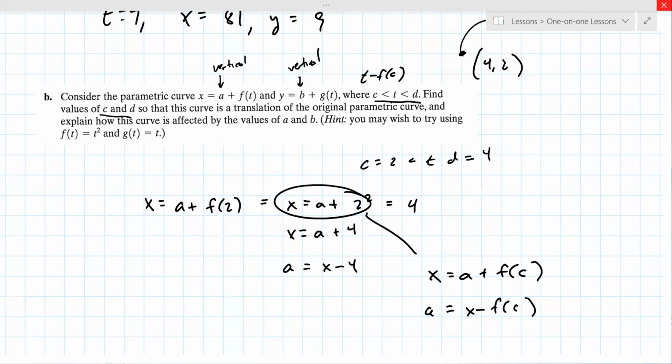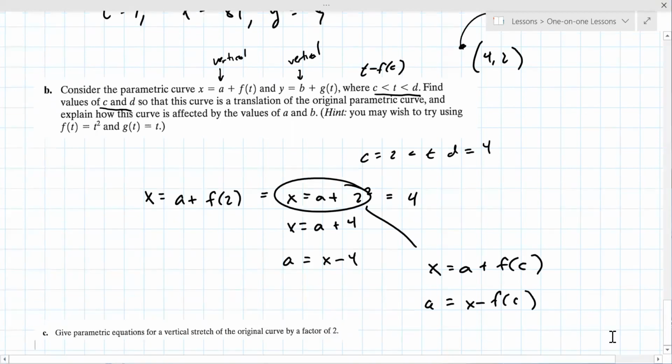Okay, give parametric equations for a vertical stretch of the original curve by a factor of 2. So the next parts are just testing: do you recall how to stretch these things?